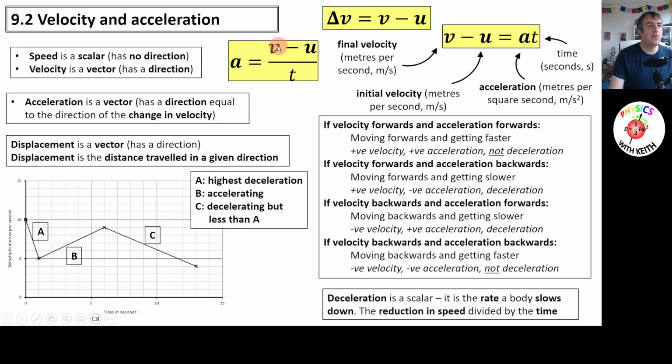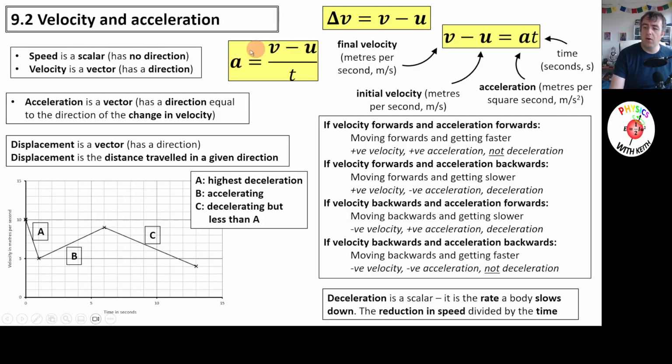So if our final velocity is higher than our initial velocity, then we are going to end up with a positive change in velocity. Call that forwards. If our final velocity is less than our initial velocity, we're going to end up with a negative change in velocity. Call that backwards. So if we have a negative change in velocity, we have a negative acceleration.